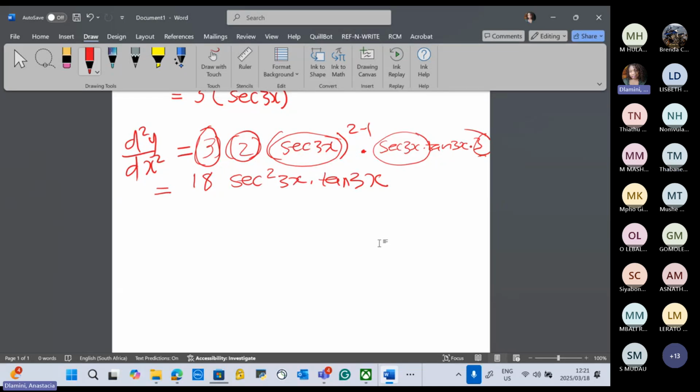Okay, is that the easy way or the hard way? Okay, let's use product rule. So the third derivative over dx, it'll be what? Let's use your product rule.